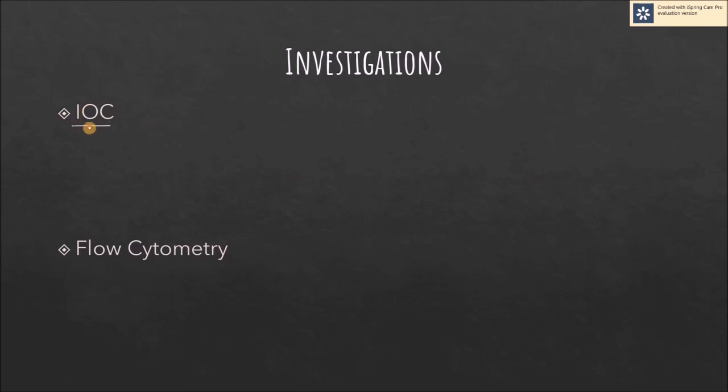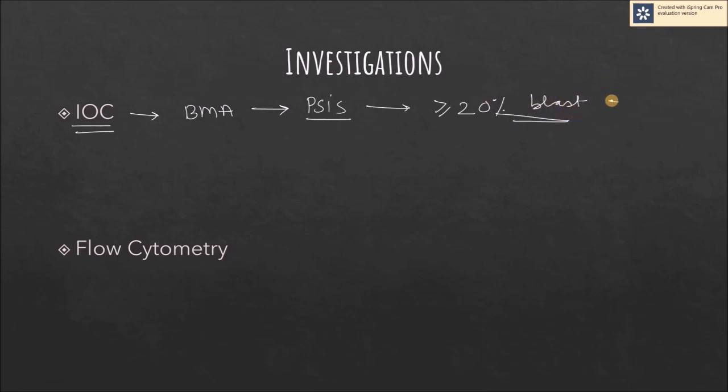So the investigation of choice is bone marrow aspiration. The most common site is the posterior superior iliac spine, and if there is more than or equal to 20% blasts, it is the criteria for AML.